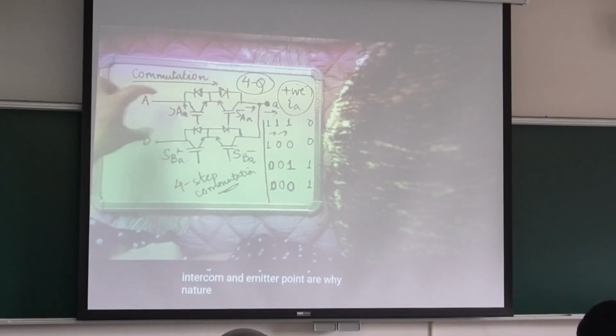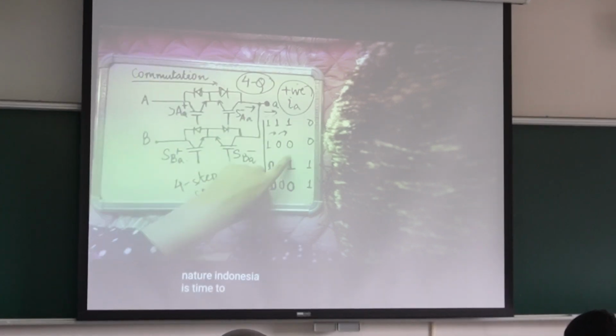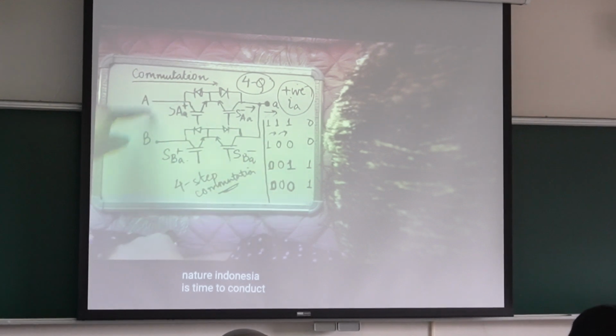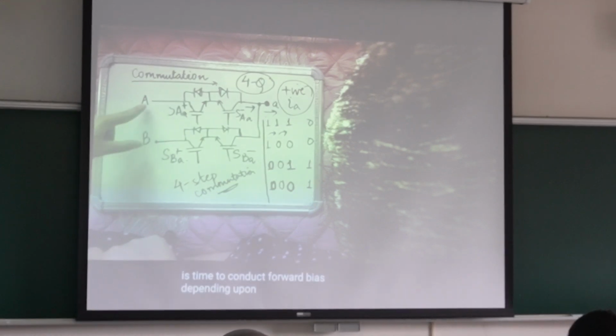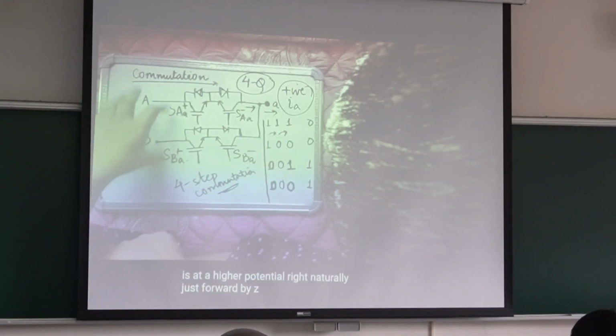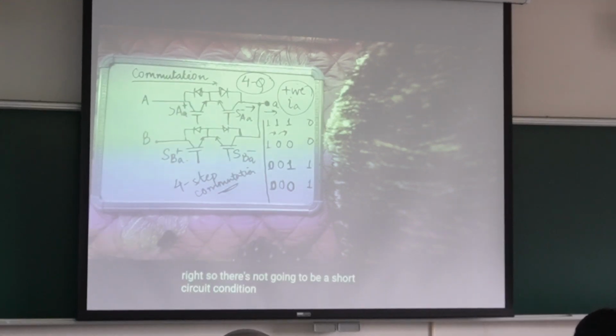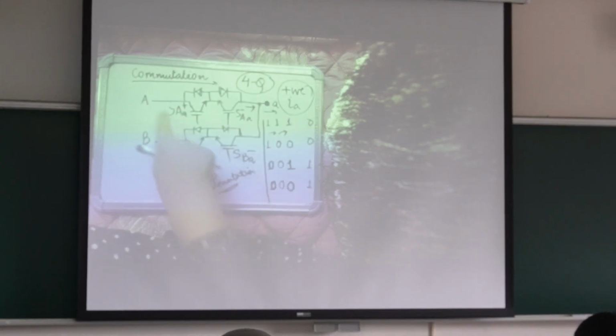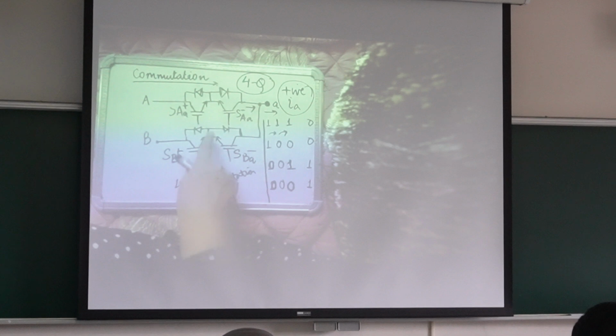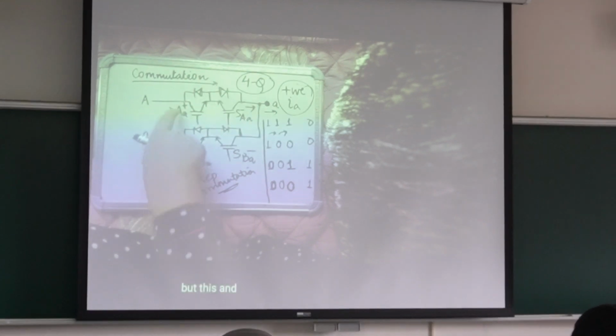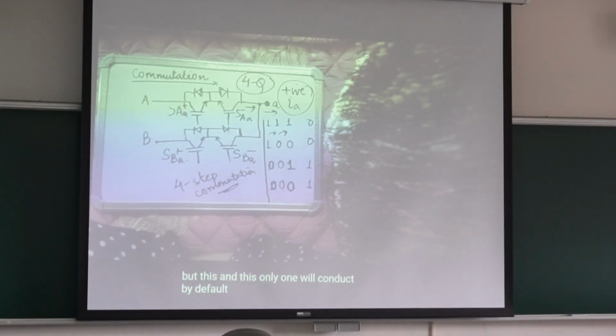Whichever has the higher forward bias, depending upon whether phase A is at a higher potential or phase B is at a higher potential, will be the only one to conduct, right? So there's not going to be a short circuit condition. The danger of a short circuit would have existed if you had turned this one on, as it would have given a return path. But this and this, only one will conduct by default.